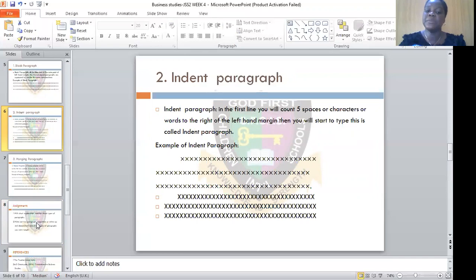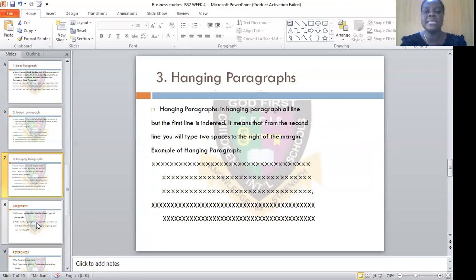When you want to type another paragraph, you would leave another 5 spaces to the right hand margin, and you continue like that. And the last but not the least is the hanging paragraph. Hanging paragraph, on the contrary, on the first line, you start typing from the left hand margin to the end of the row, then you press enter.